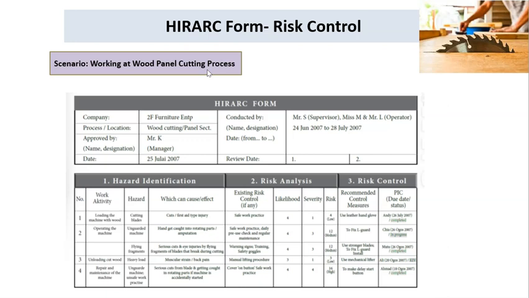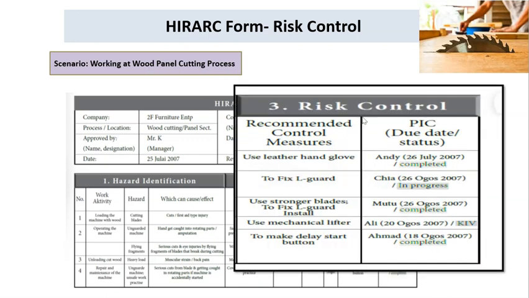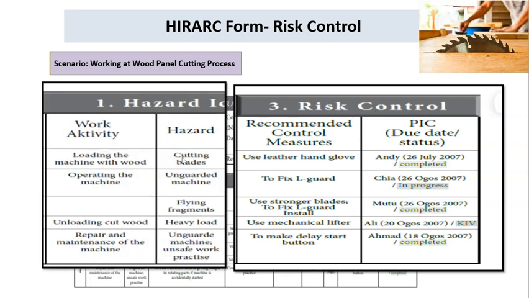Okay, let's look again on the wood panel cutting process. We have done the 2 parts. So the final one, the recommended measure, you have to read together with the work activity and hazard. The control measure, you are suggested to use the leather hand glove. And then you can put any related PIC here. And for the operating machine with the unguarded machine hazard, so they fix with the L guard to the machine.